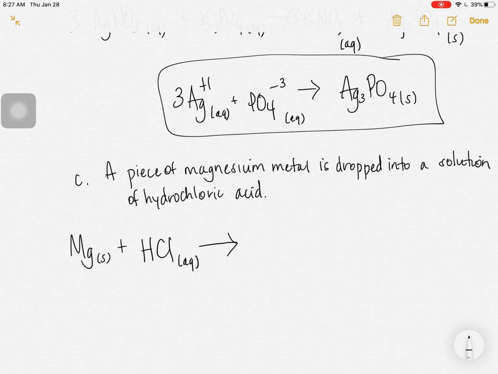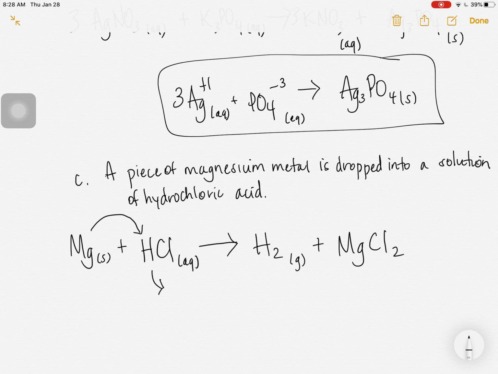This is a single replacement. I have to consult the activity series, but when I do, I find that magnesium is more reactive than hydrogen, and so magnesium is going to come in and kick out hydrogen. This is going to be an interesting reaction because when hydrogen gets kicked out, it's a diatomic. It's H2, and its state of matter is a gas. And when Mg and Cl get together, it is Mg +2, Cl -1, so MgCl2.